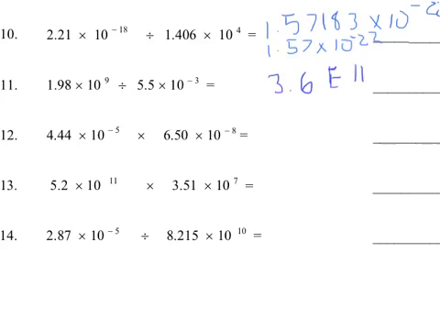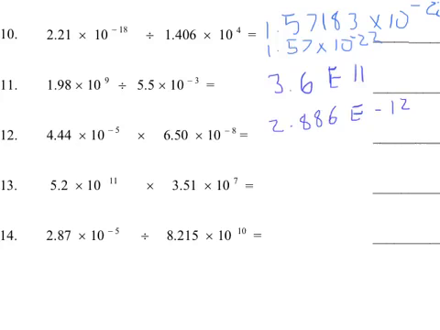The next one I've got, I'm going to say 4.44, second function EE, and negative 5 times 6.50 EE minus 8. And when I do that, what comes out of my calculator is 2.886 E minus 12.